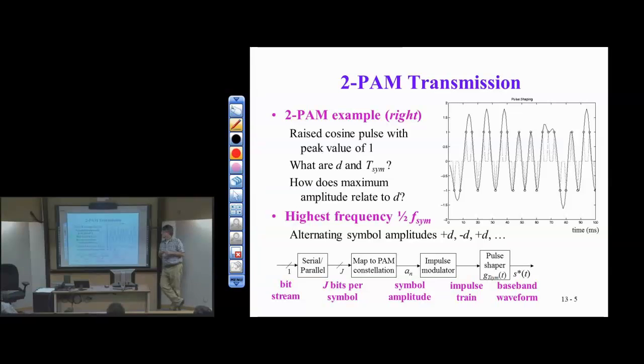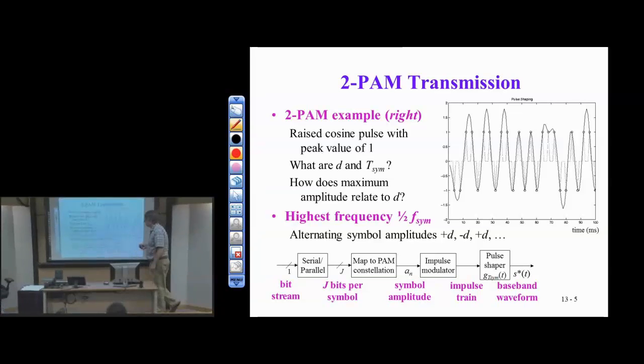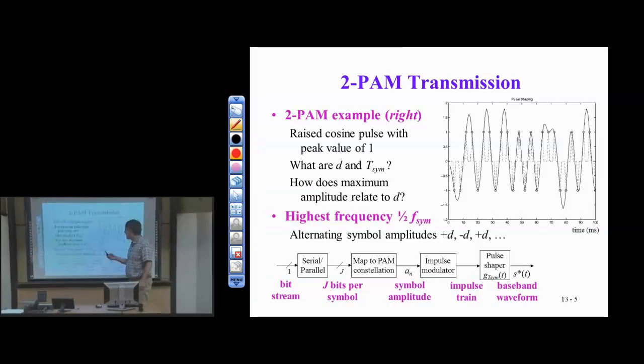So for 2-PAM, I'm showing you an example now of S star of t, the actual baseband output, for the following scenario. I have a raised cosine pulse with peak value of 1. And then I have a string of zeros and ones I want to transmit.